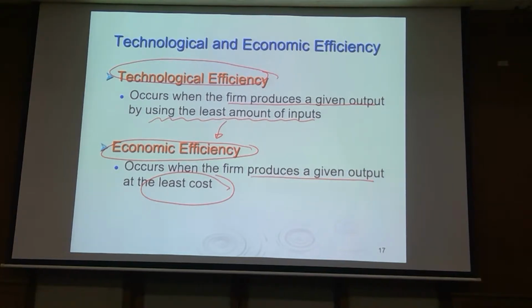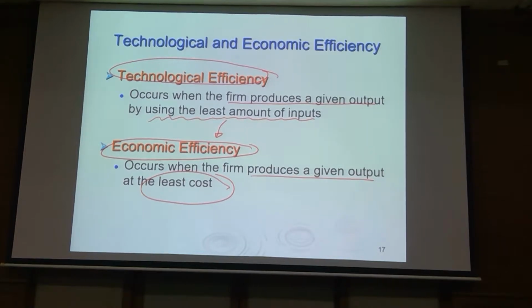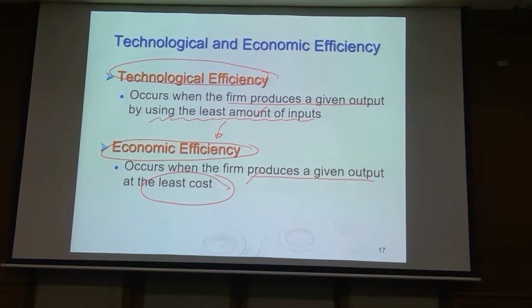Okay, so those kinds of efficiency are actually related, right? If you are able to achieve technological efficiency, you can also achieve economic efficiency as well, but not always. Okay, but this is the necessary condition for you to achieve the least production cost. Basically, you should produce a given level of output with the least amount of input as much as possible, so that you can produce the desired level of output at least cost.